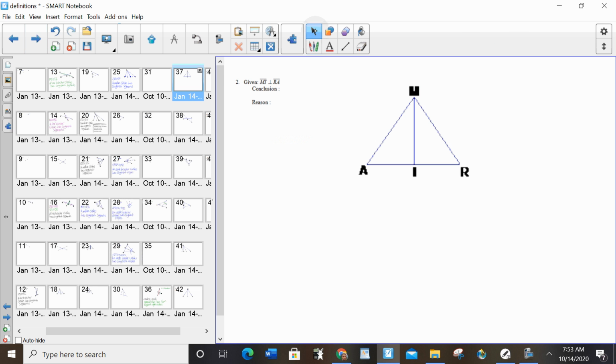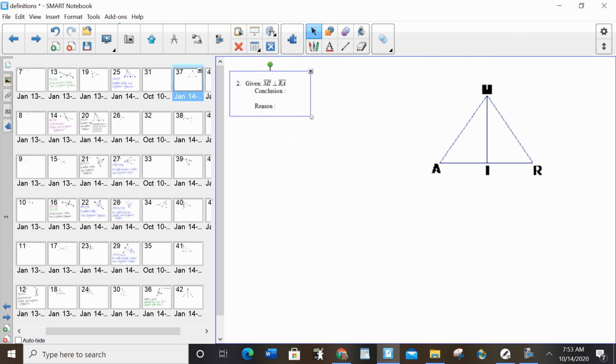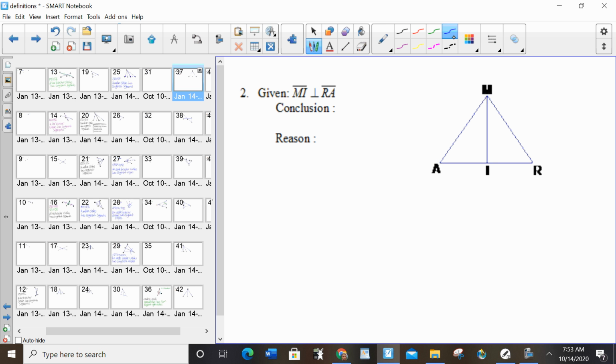Number 2, it's telling me that MI is perpendicular to RA. So I need to find where MI and RA meet. MI I'll do blue, RA I'll do purple. Where are the right angles? Where does the blue hit the purple? I. So I is the vertex, so I must go in the middle for each.